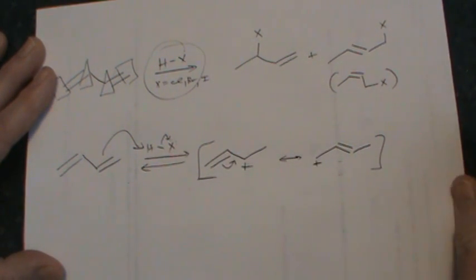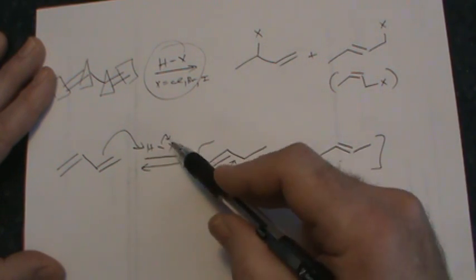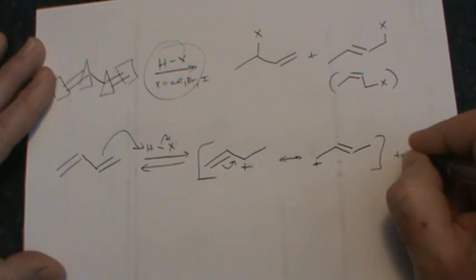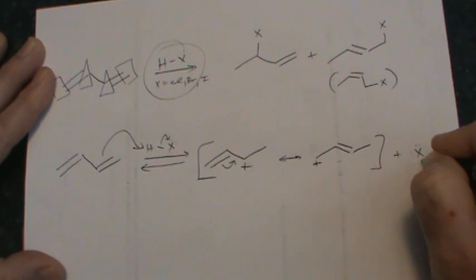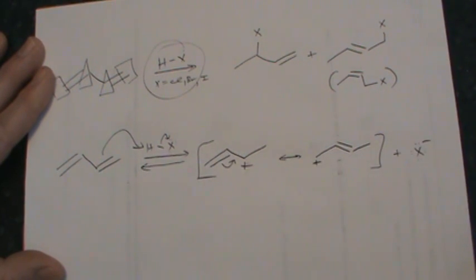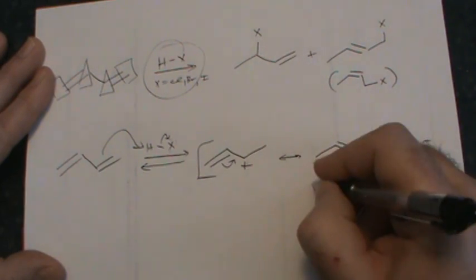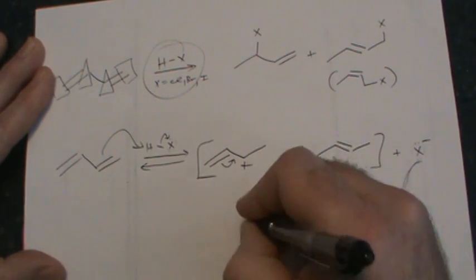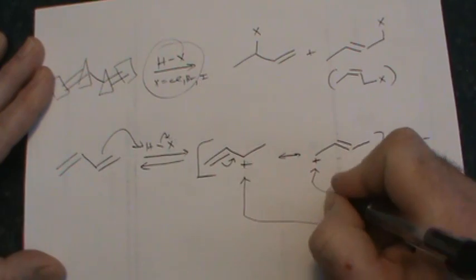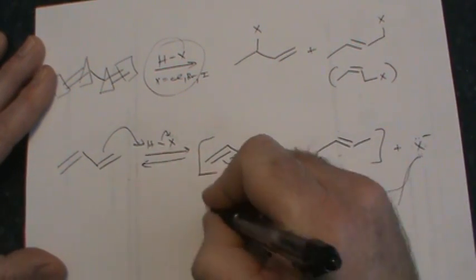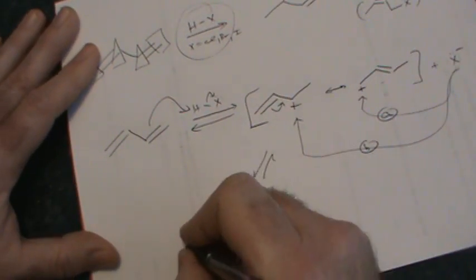They both have positive charge character. The second half of this arrow formalism is the formation of the halide anion, which is going to be our nucleophile. Because the positive charge is located at both carbons, the halide is going to attack both carbons. And we would expect to produce two different products.